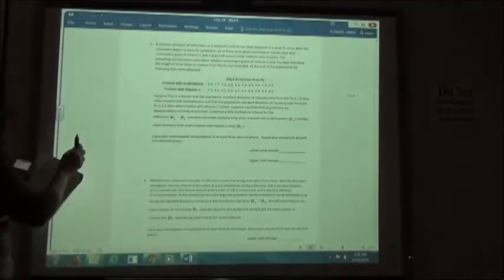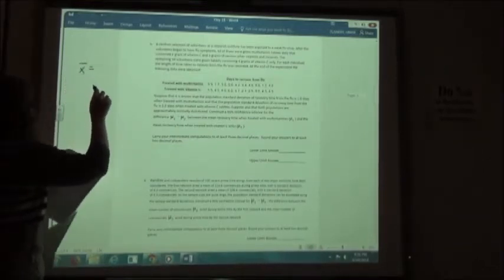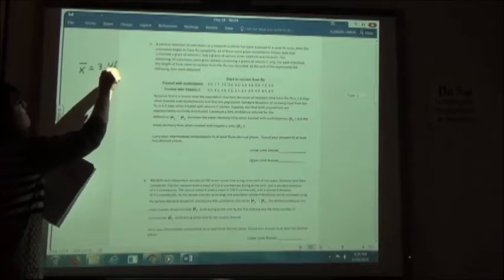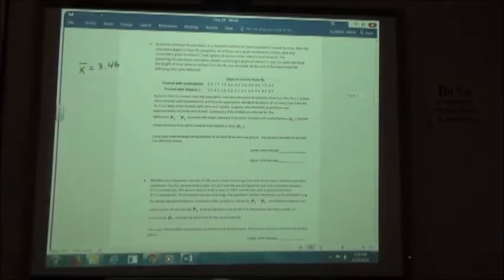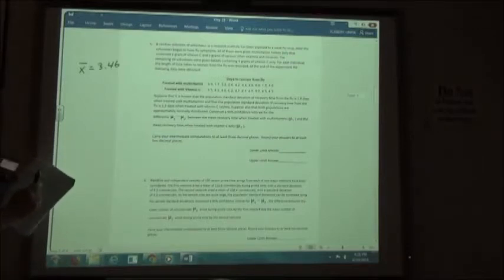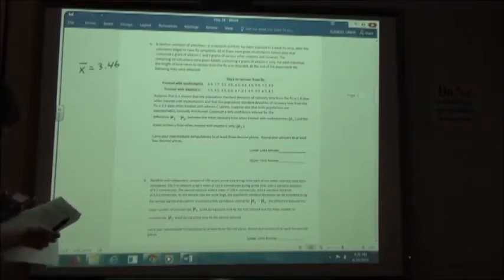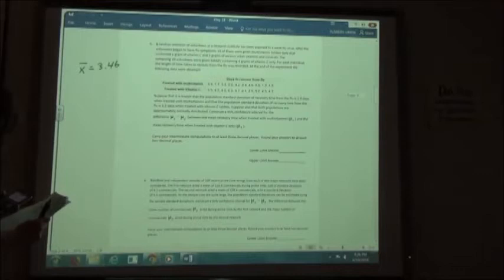So, on list 1, my mean is going to be the 3.46, right? Got that? My standard deviation one is going to be... Did I not type something in right?